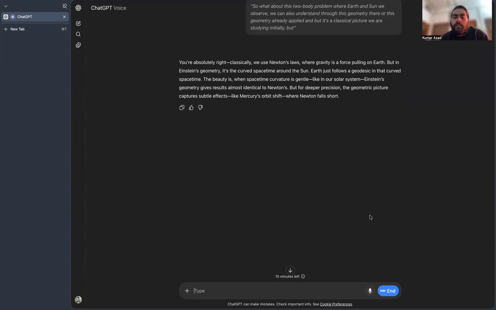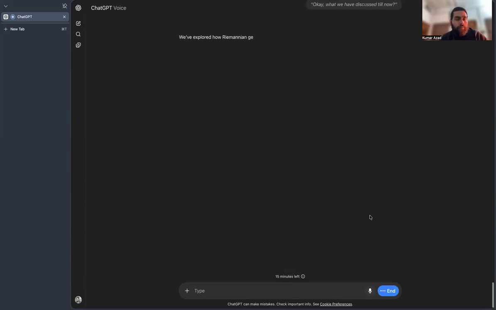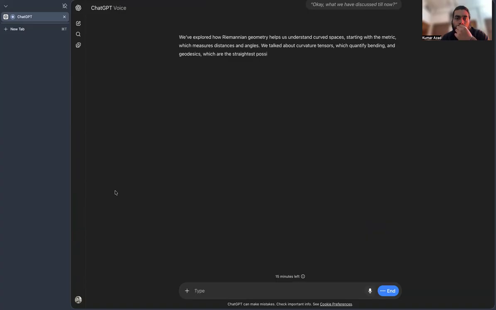Okay, what we have discussed till now. We've explored how Riemannian geometry helps us understand curved spaces, starting with the metric, which measures distances and angles. We talked about curvature tensors, which quantify bending, and geodesics, which are the straightest possible paths.